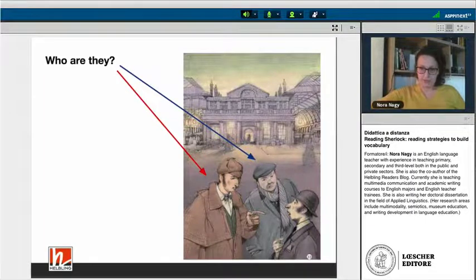When you have written your first answer, okay, that's easy, everyone got it right. Who is the second person? Who is the blue arrow pointing at? Okay, that's Dr. Watson. All right.